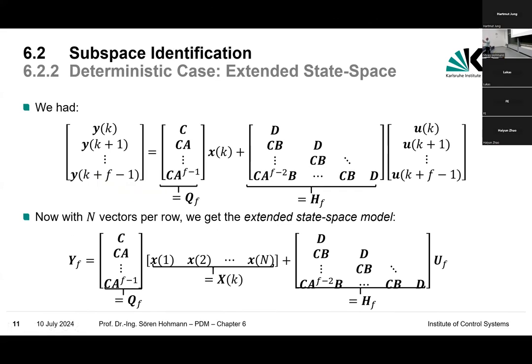always the things column-wise. So we put here our YF with our measurements column-wise. I get the observability matrix part because F is not yet known.